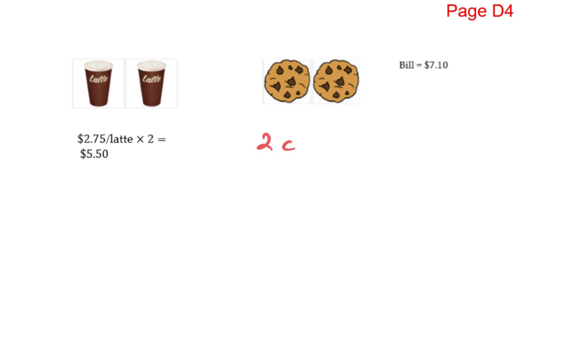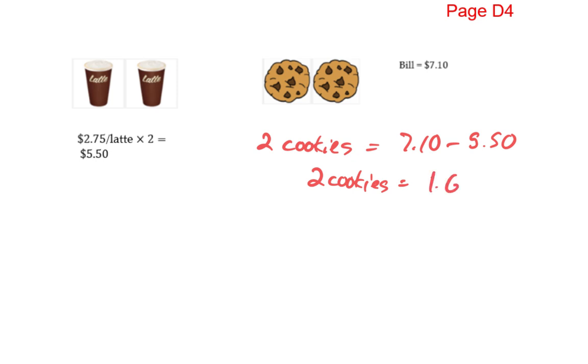So our 2 cookies must be this $7.10 minus the $5.50. So 2 cookies are going to be $7.10 minus $5.50, which is $1.60. So 1 cookie, just dividing by 2, has got to be 80 cents.